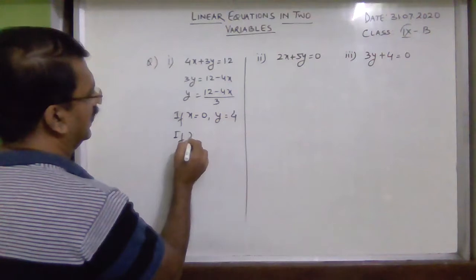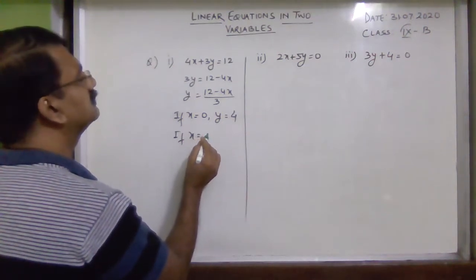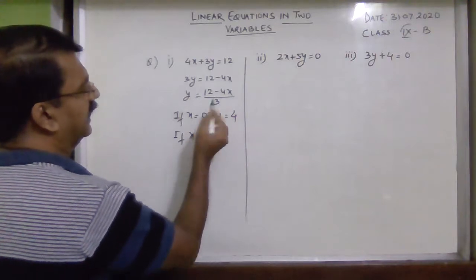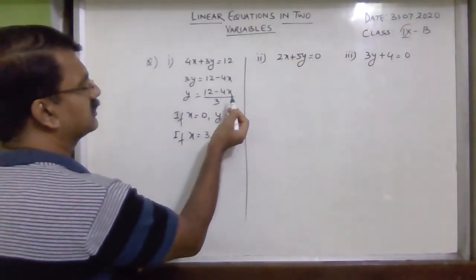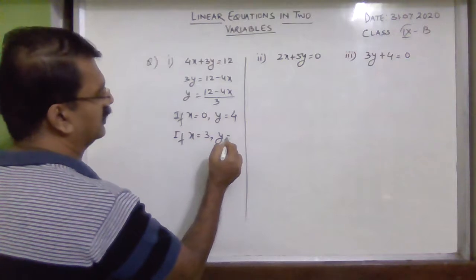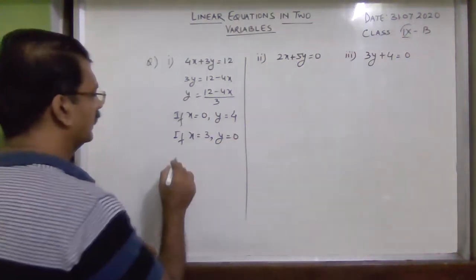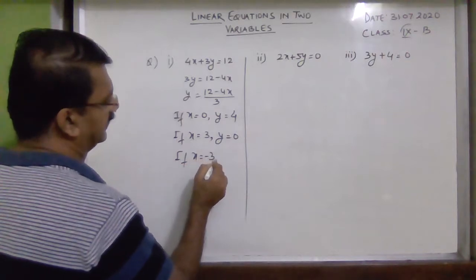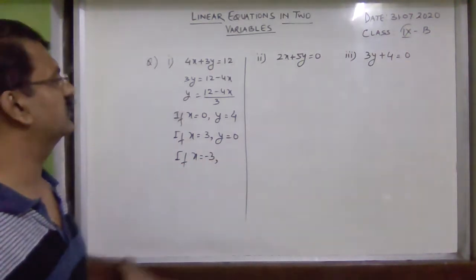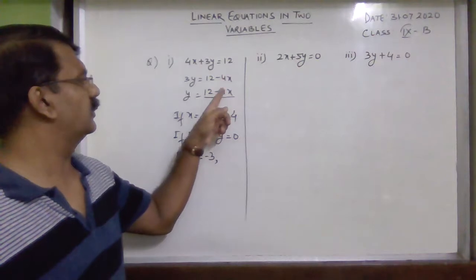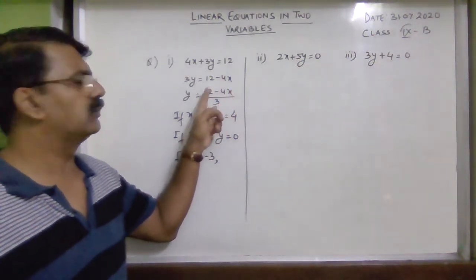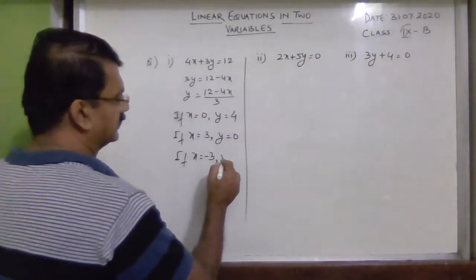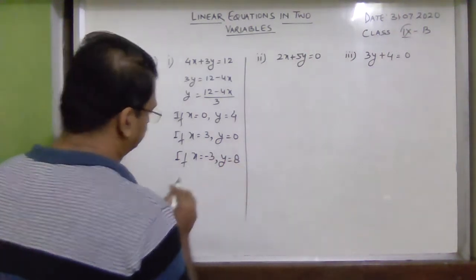If x is equal to 3, then 4 into 3, 12, 12 minus 12 is 0, 0 upon 3 is 0, so y is equal to 0. If x is equal to minus 3, when you put x is equal to minus 3 here, minus 4 into minus 3 will be plus 12, 12 plus 12, 24, 24 upon 3 is 8, so y is equal to 8.